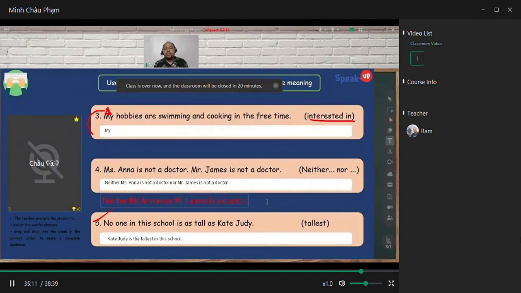Okay, next. Number 1. You need to use this word, interested in. So instead of my hobbies, what do you think are the changes that we need to do?